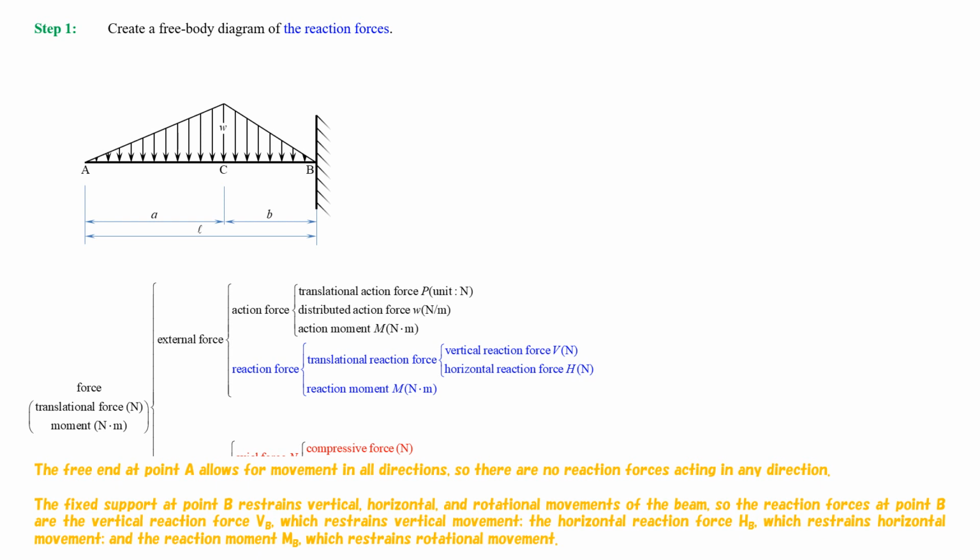forces at point B are the vertical reaction force VB, which restrains vertical movement, the horizontal reaction force HB, which restrains horizontal movement, and the reaction moment MB, which restrains rotational movement.